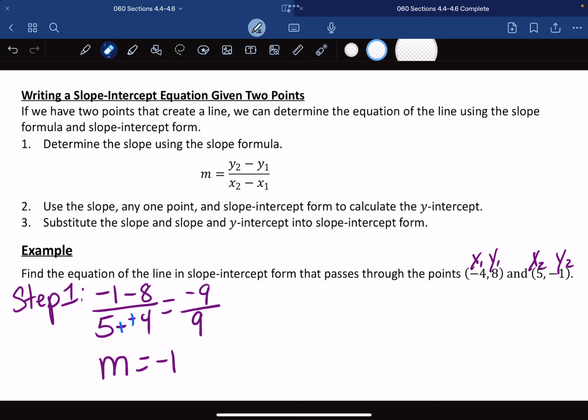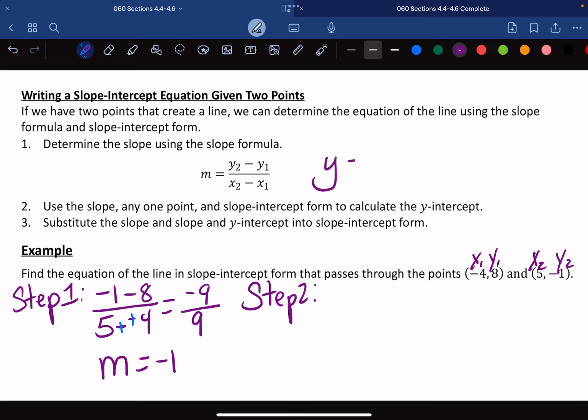Step 2 is to find my y-intercept. Now it says to use the slope and any point and the slope-intercept form, which we said is y equals mx plus b, to calculate the y-intercept.